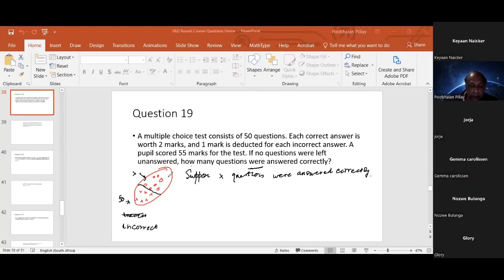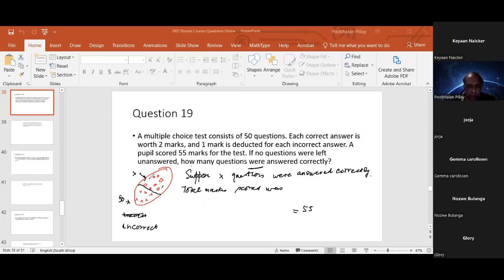You can calculate the total marks because there were X which were correct. On the one hand, it was 55. On the other hand, you can calculate it. You got X correct, and each correct answer got 2 marks.